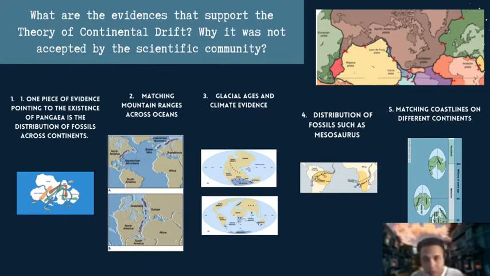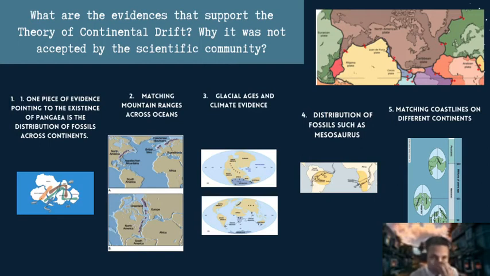In ancient times, we only had one continent, which is Pangaea, and then after years the continents started to drift away, and now we have seven continents: North America, South America, Africa, Asia, Europe, Antarctica, and Oceania.